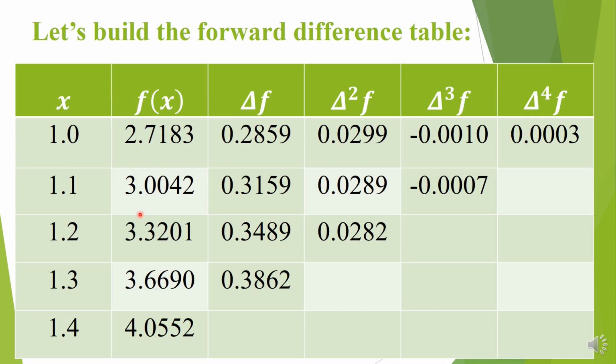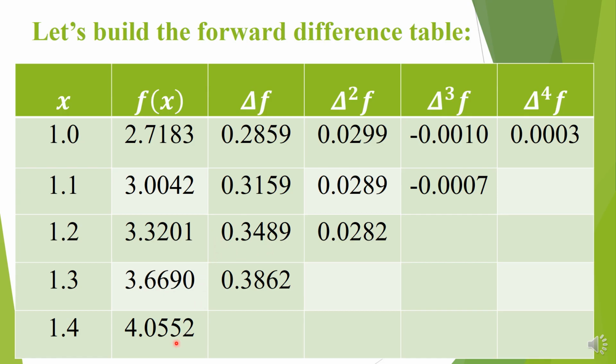Now second step, 3.3201 minus 3.0042, then we get 0.3159. On the next step, 3.6690 minus 3.3201, then we get 0.3489.